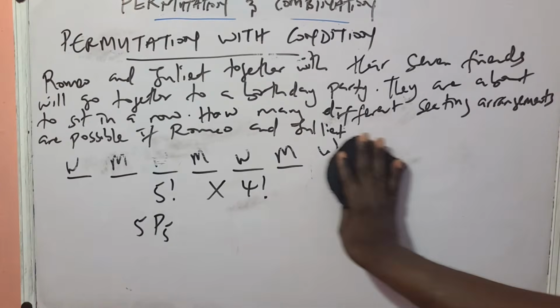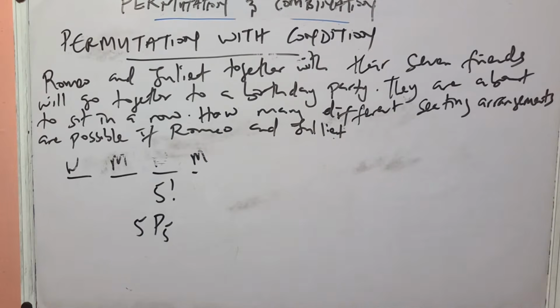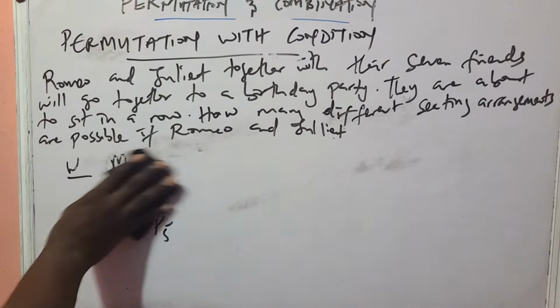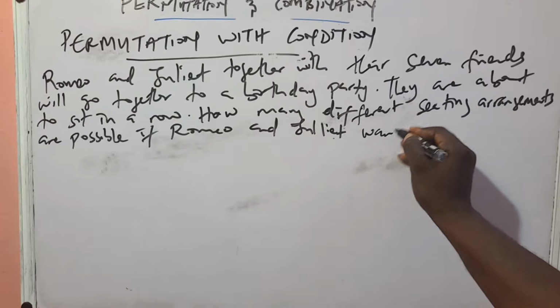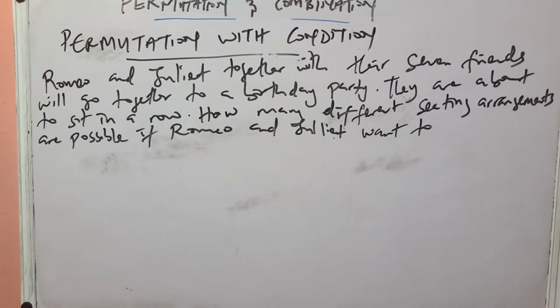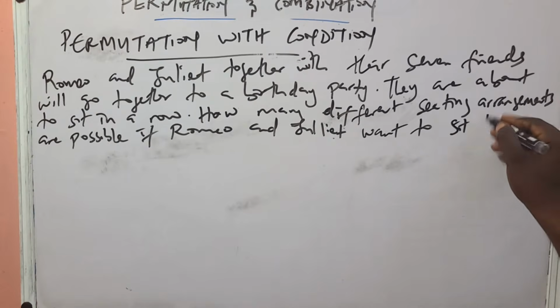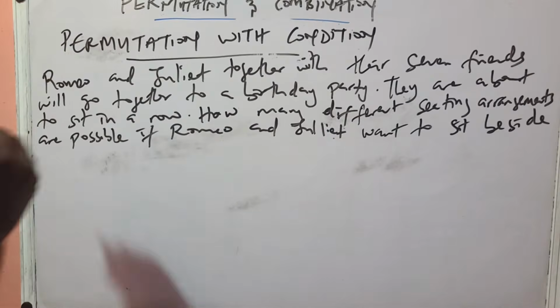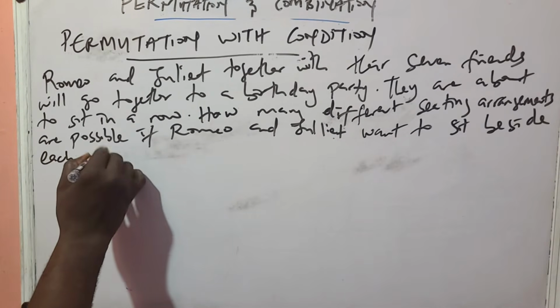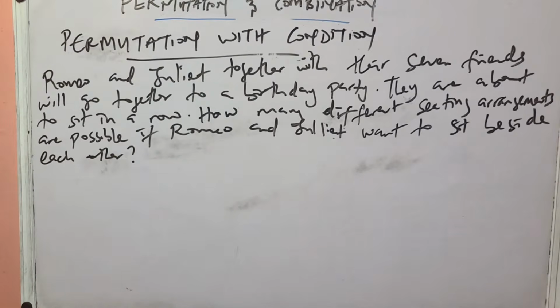Of course, you understand why Romeo and Juliet may want to sit next to each other, right? So what are the different possible sitting arrangements? Let's see now, how do you go about this?